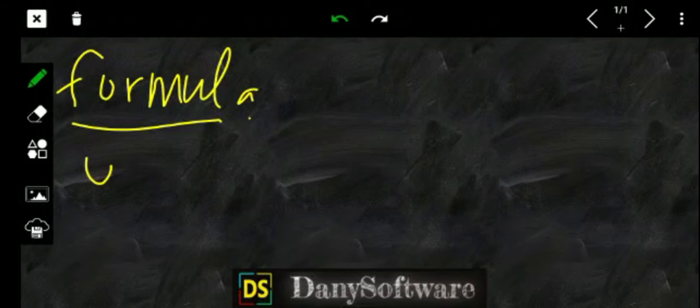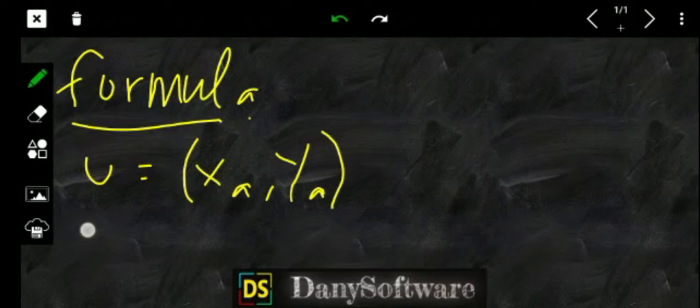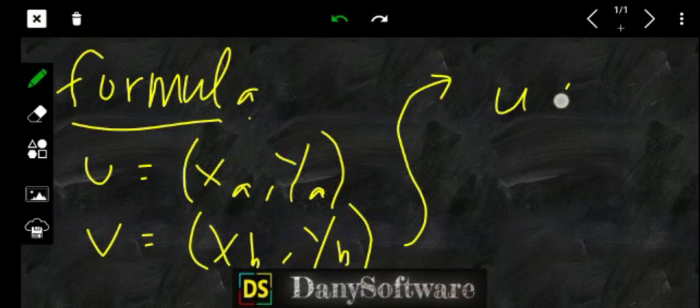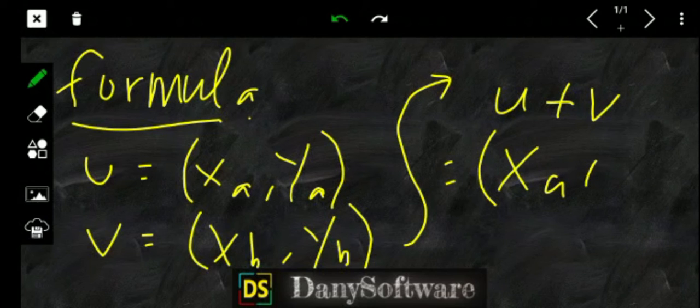Now, let's see the formula for vector addition. If we have a two-dimensional vector, we can say vector u with the components xa and ya, and the vector v with the components xb and yb. So vector u plus vector v is equal to, we add up their x components and then we add up their y components.